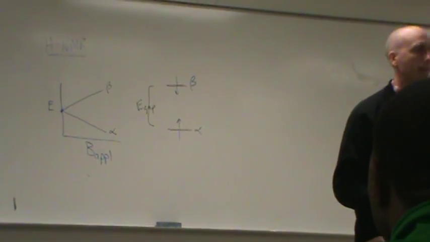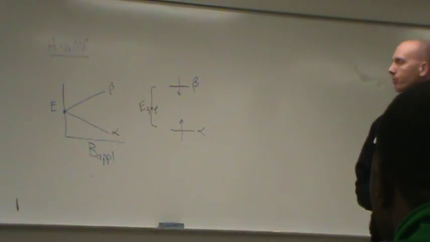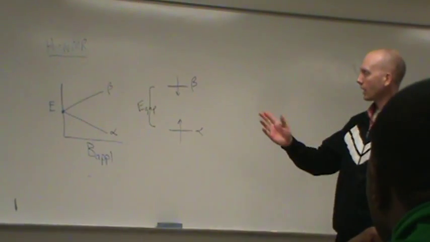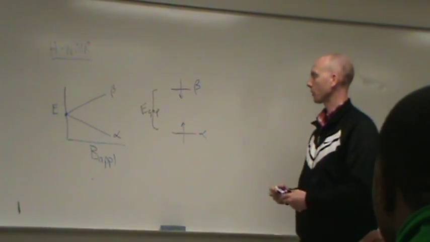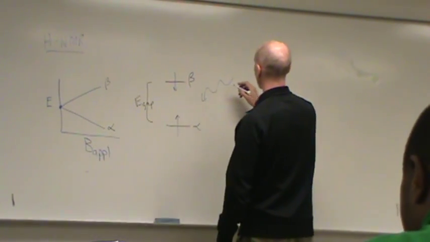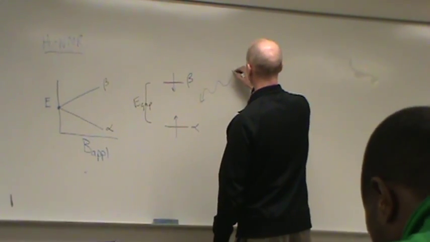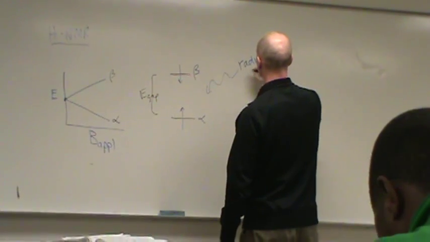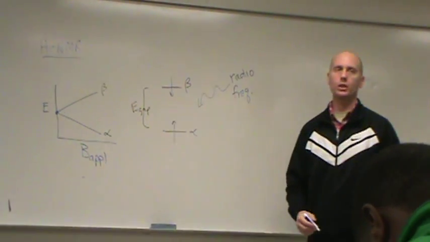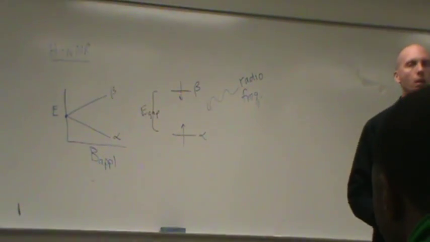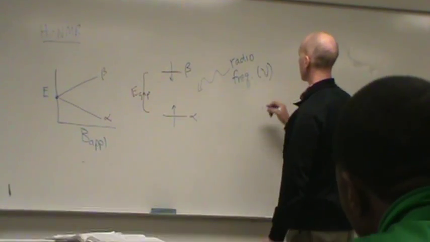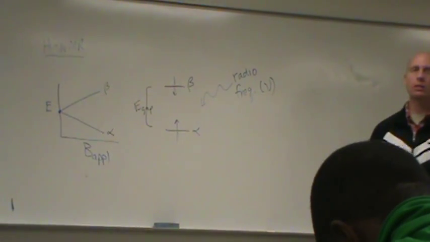We're going to do the same thing here, but these are not HOMO and LUMO. Here, instead of applying UV energy, we're going to apply a radio frequency. Remember, frequency has the symbol nu here.